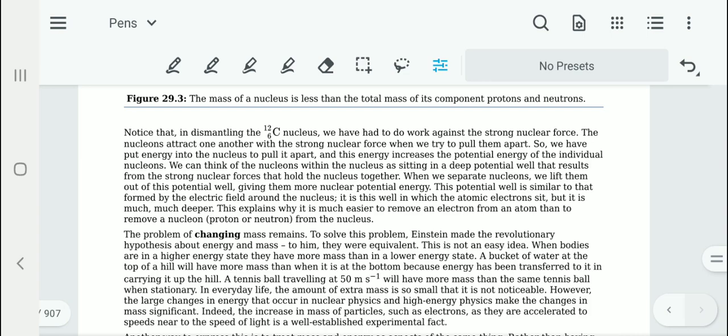When protons and neutrons are to be separated from the nucleus, we have to supply very high amounts of energy to overcome the strong nuclear force which binds them.